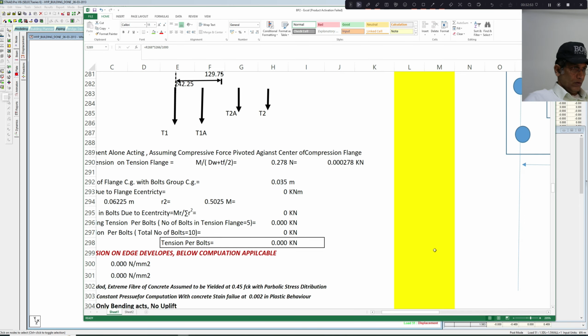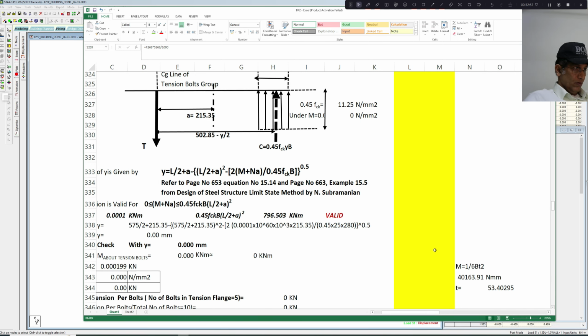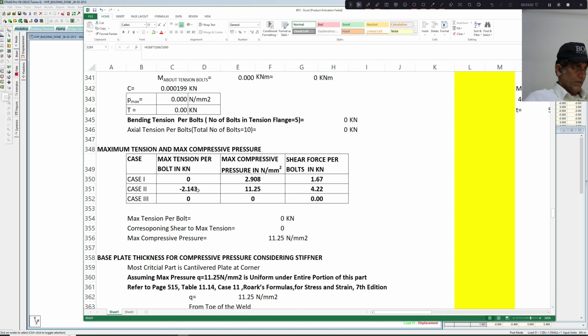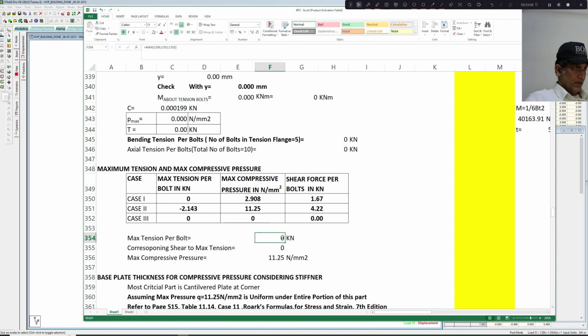So these are all the cases. So again, Cmax and this is minus 2.143. This maximum tension now is minus 2.143. So it is not taking.